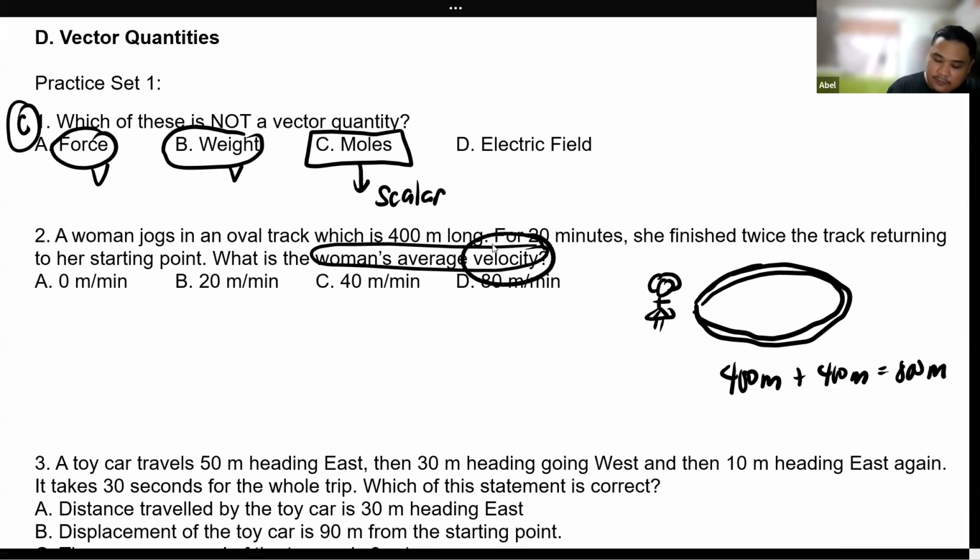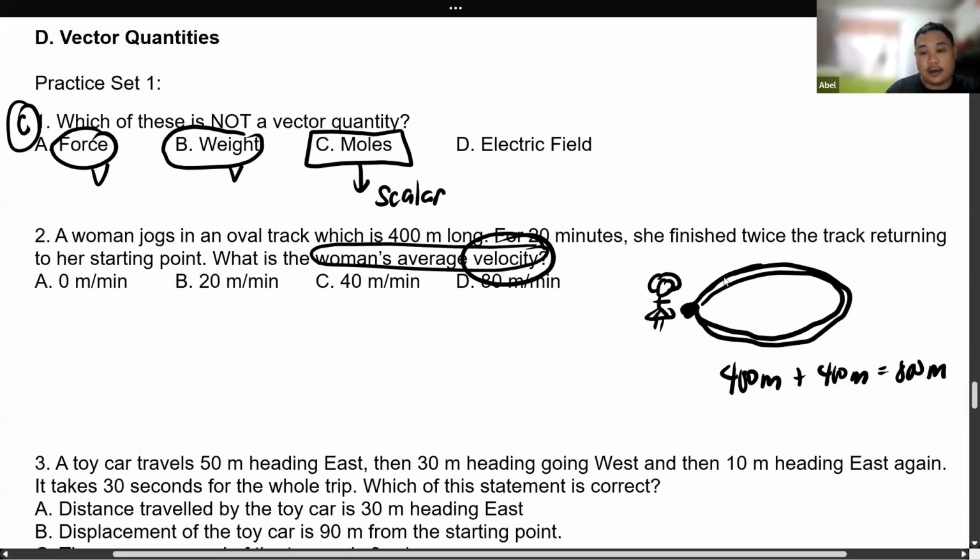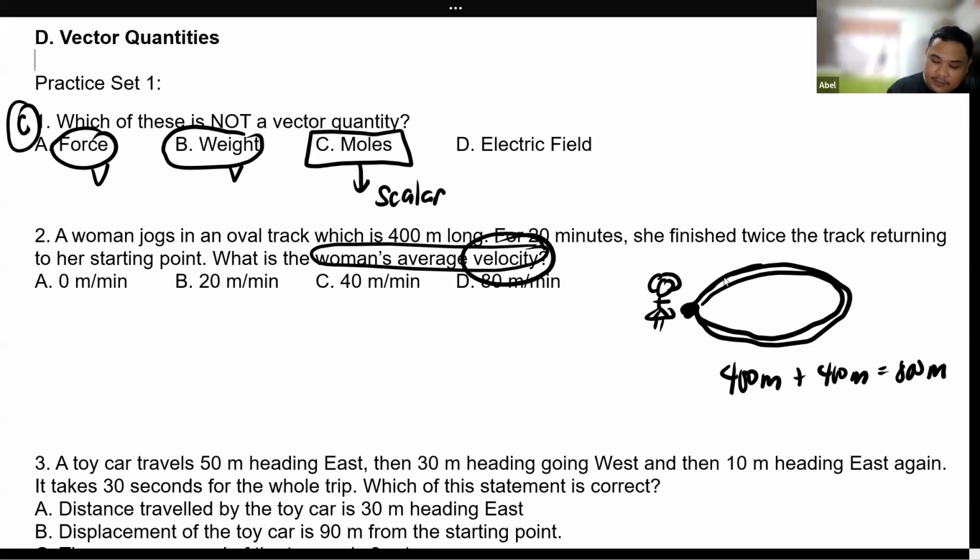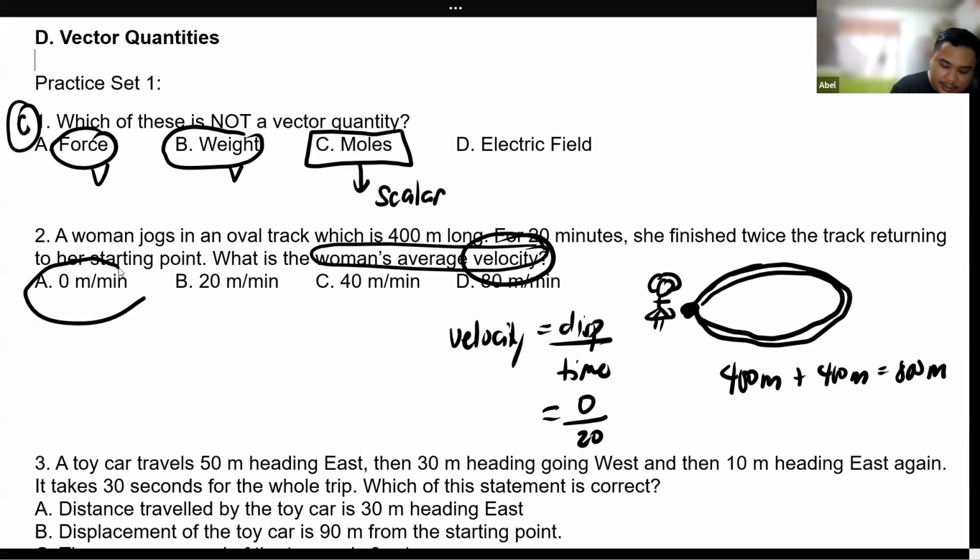But look, we are asked for velocity, and from the starting point, you just go back to the starting point, right? And so the average velocity is displacement per time. Remember, velocity is displacement over time. And so the displacement is 0 over 20 minutes. So the answer here is 0 meters per minute, because you just go back to the starting point.